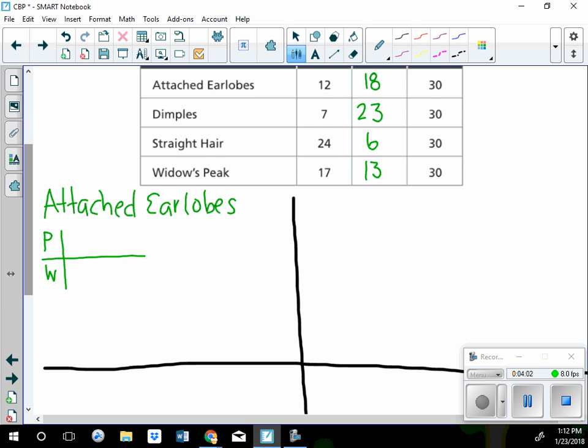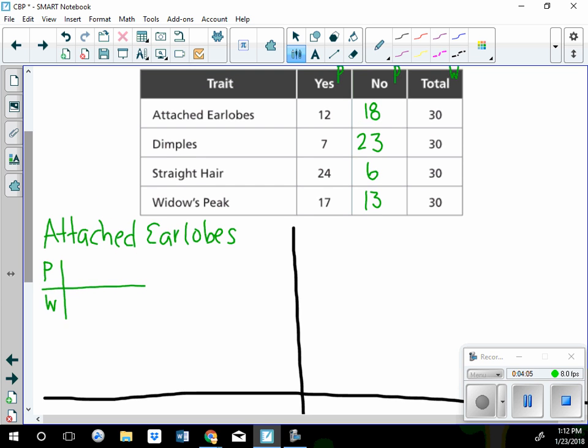Looking at my table, I can see that 12 people have attached earlobes, out of my whole of 30. Now, looking at my ratio so far, I'm thinking, oh, darn it, I can't count by 30 to get to 100. So what should I do, Jackson? Divide by 6.